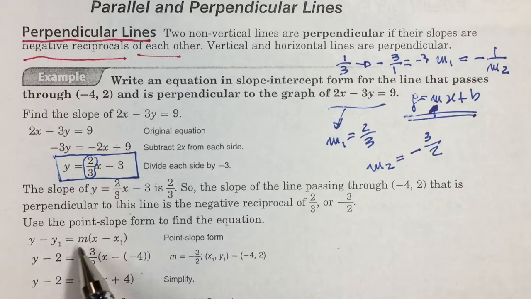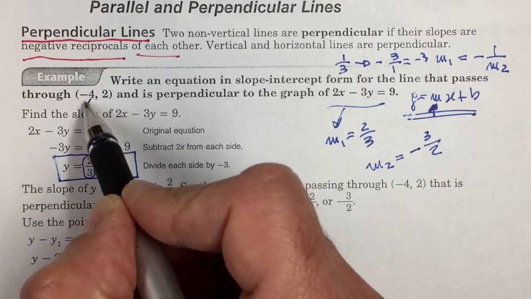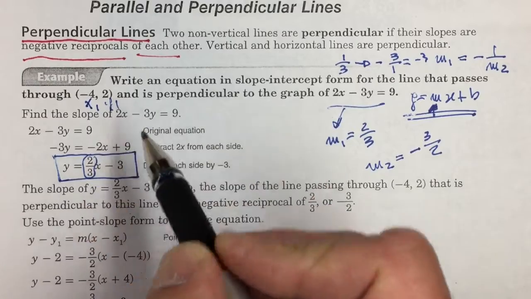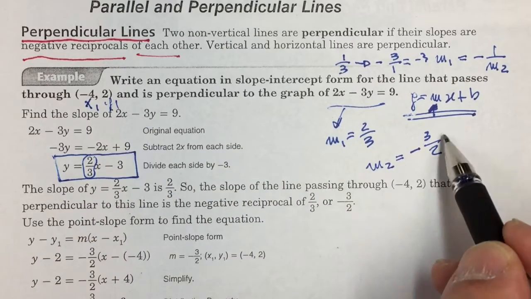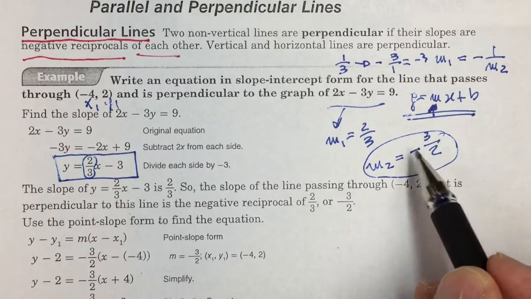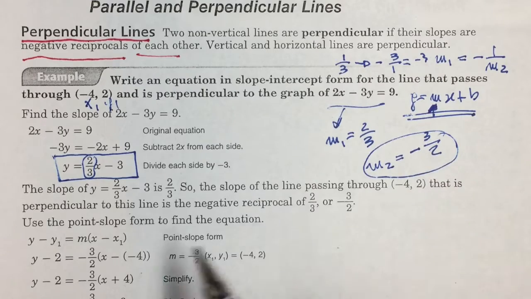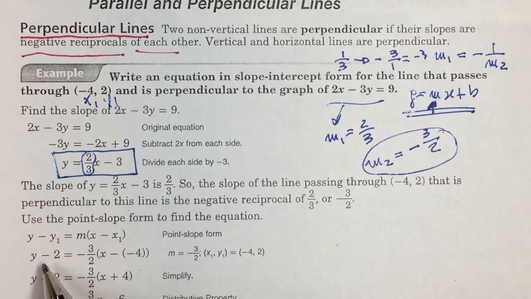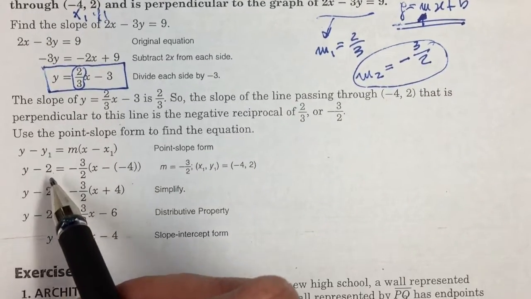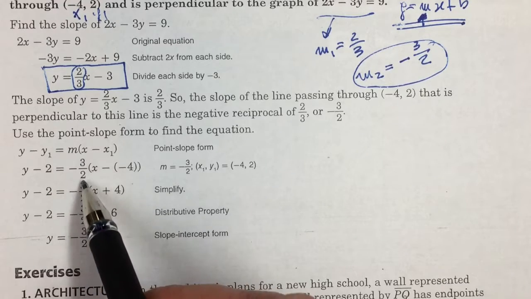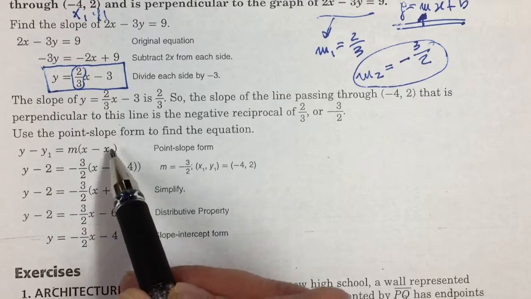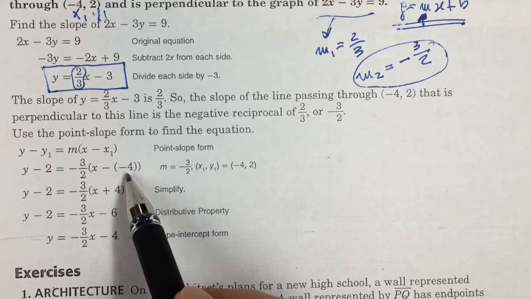Which is going to be x1 and y1? Okay, it's going to be this one. And my m is the one I found, the negative reciprocal of the other one, negative 3/2. So I substitute: y minus 2 equals negative 3/2 times x minus my x1, that is negative 4.